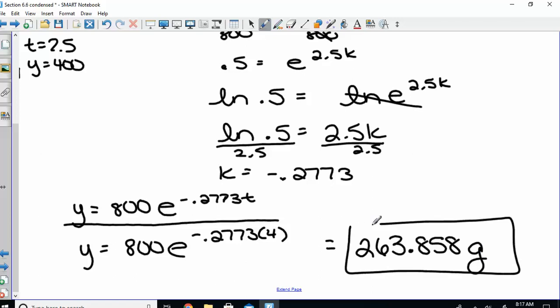Does that answer seem reasonable? We started with 800. After 2.5 years, we were down to 400. So after 4 years, this amount is decreasing every time. We're down to 263. So we had to use the information to find our constant, and then we could find the amount at any given point in time.